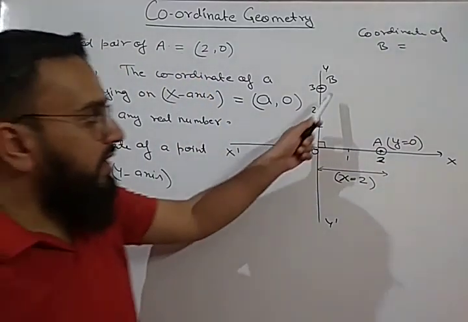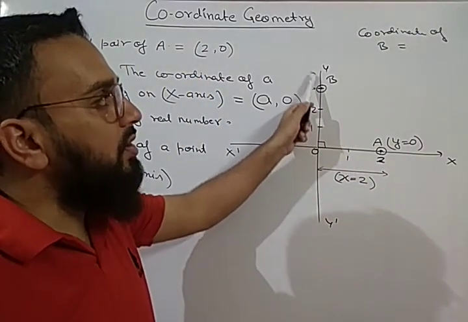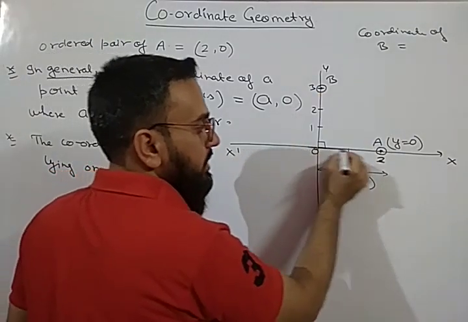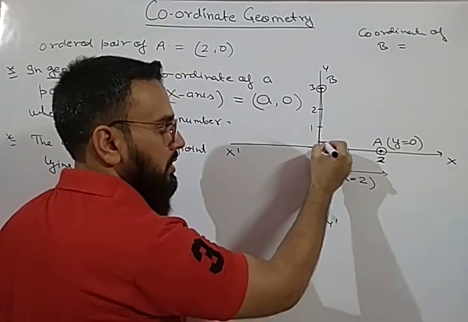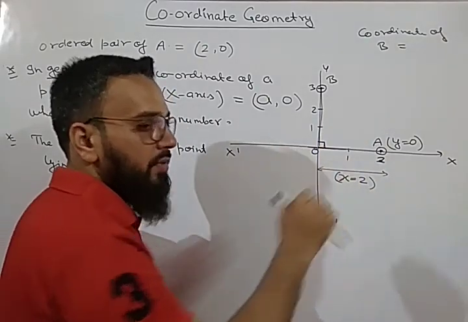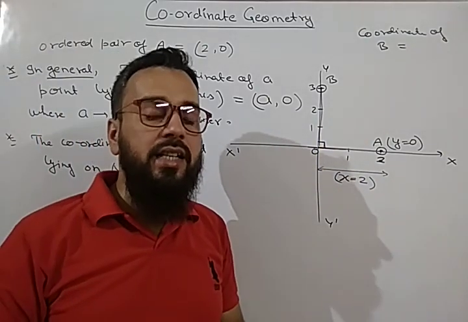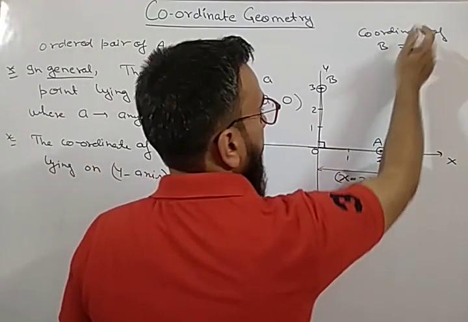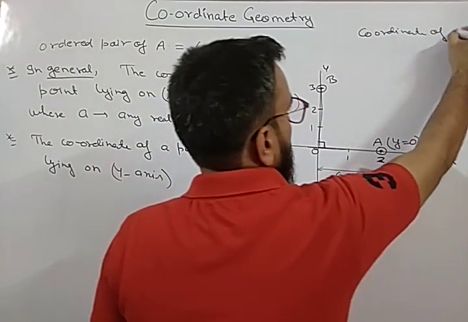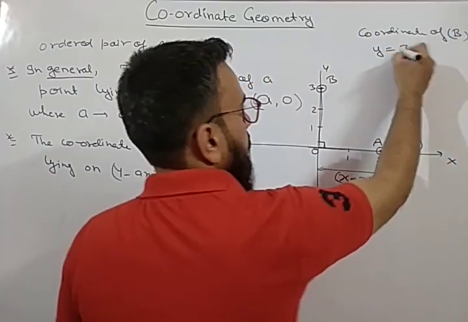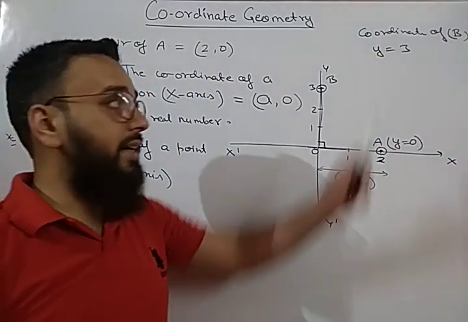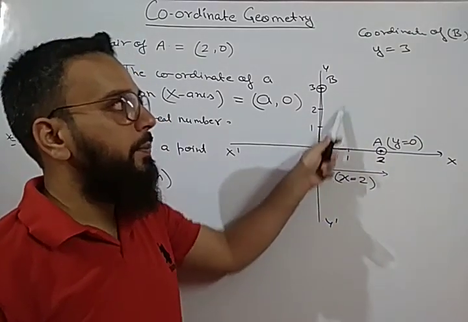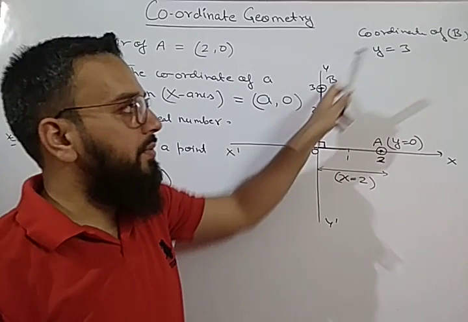Now if we see this point B, this point is lying on the y-axis. The perpendicular distance of this point from the x-axis is 3. And we know the distance from the x-axis is the y-coordinate, so y is equal to 3.